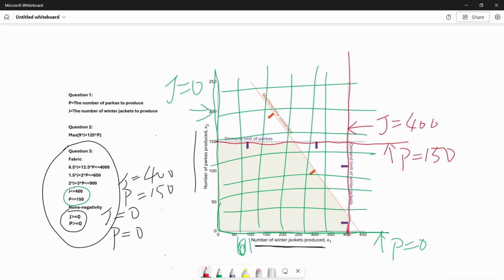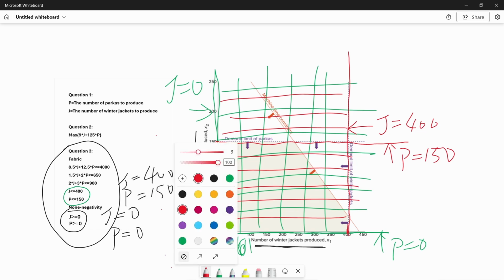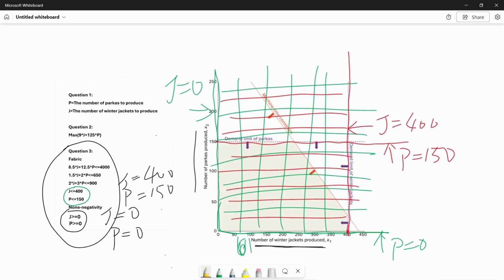So first, J has to be smaller than or equal to 400. So that area will be represented here, right? And then for P smaller than 150, I will change the color, okay? I will explain the reason why I'm changing color later.